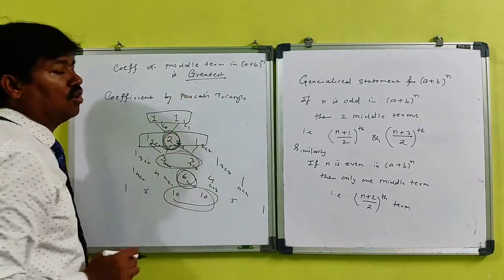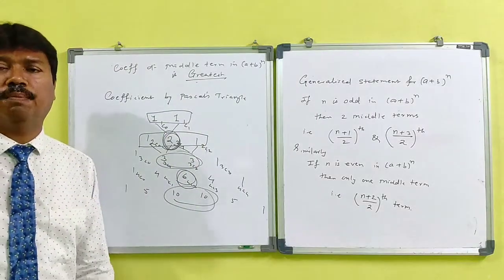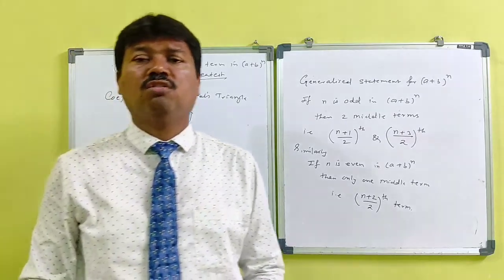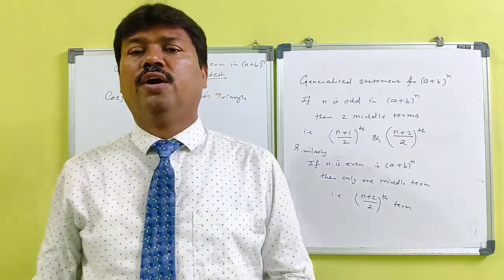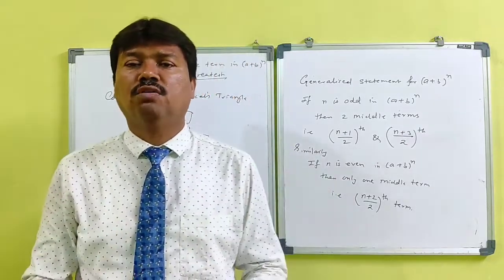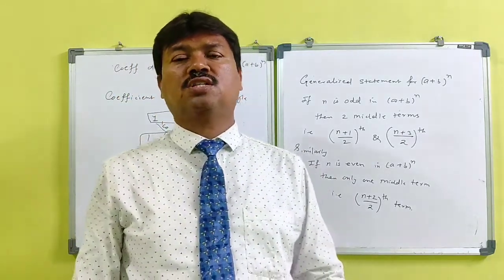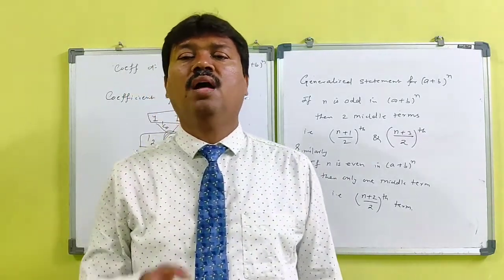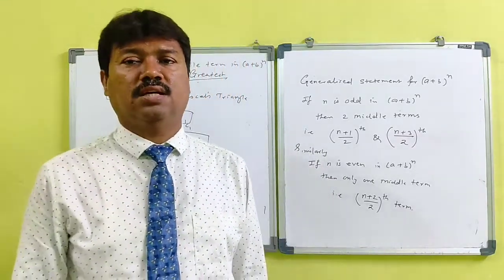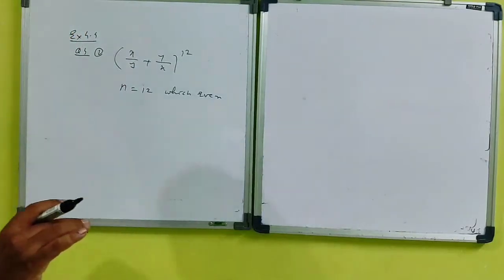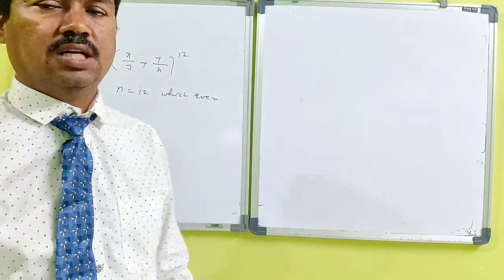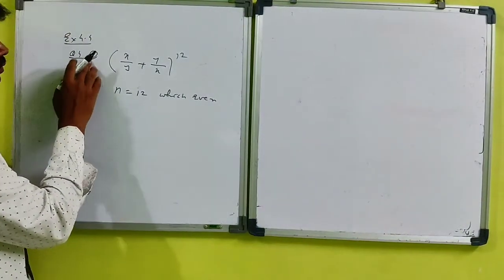It is the greatest in all. But whenever there is a question to find the greatest coefficient, you don't have to worry about this. You just have to find the coefficient of the middle term. Means you just locate the middle term and then find its coefficient. That's it. Next, exercise 4.4 based on the concept of the middle term. Question number 4.